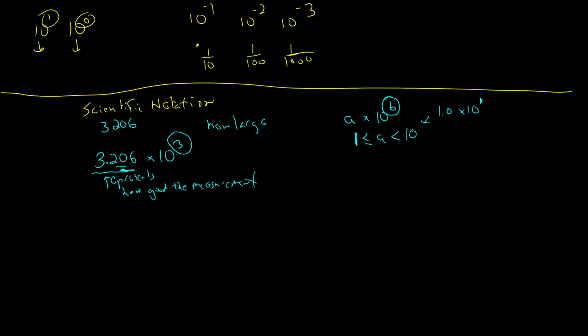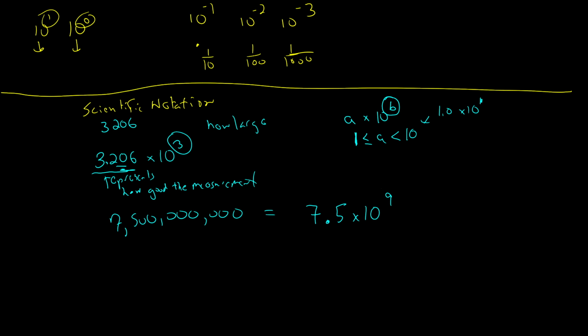So for example, the population of the Earth is estimated to be thousands, millions, billions, 7.5 billion. Well, in scientific notation, that's 7.5 times 10 to the ninth.